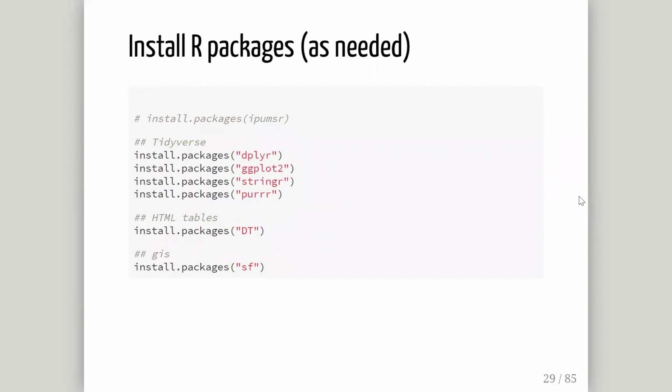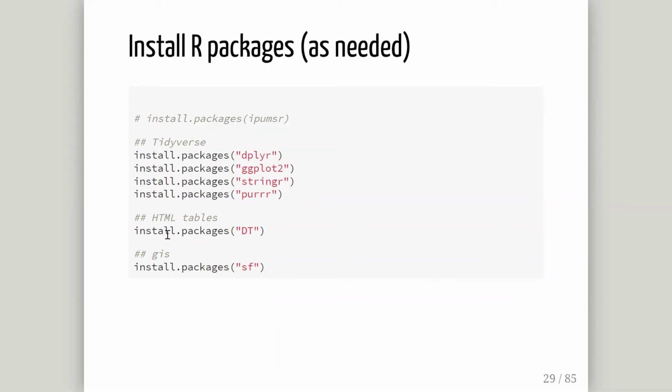And outside of the Ipumsr package itself, the code we're using in this webinar is going to use a few other R packages. First and foremost are a few packages from tidyverse, such as dplyr. We're going to also use ggplot, stringr, and purrr for some data management and to clean up our data.